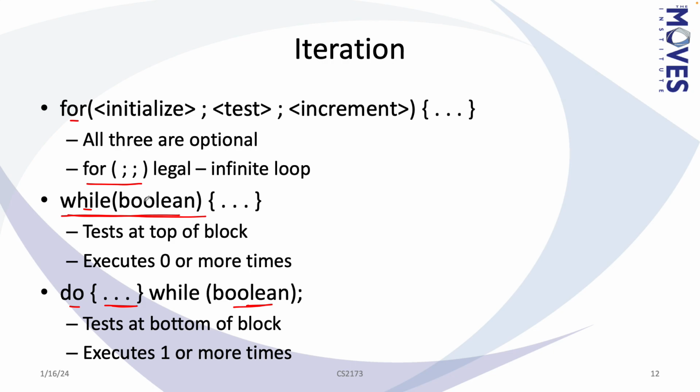So it tests, and if the test comes up false, then it skips it altogether. In the do while, it executes the block first and then tests at the end. And so a while loop will execute 0 or more times, a do while will execute 1 or more times. So when you don't know if you even want to do it once, use a while loop. If you want to make sure you execute it at least once, then use a do while.